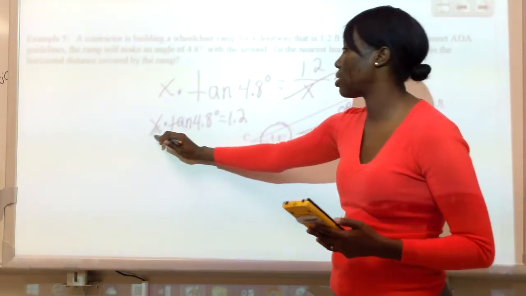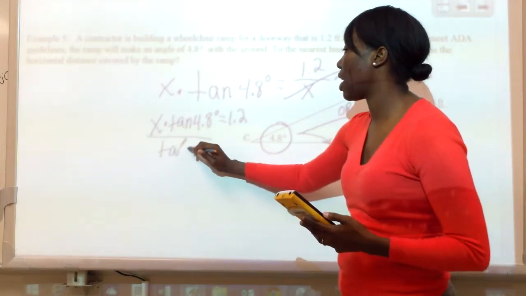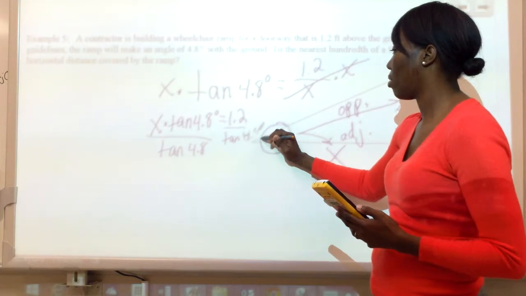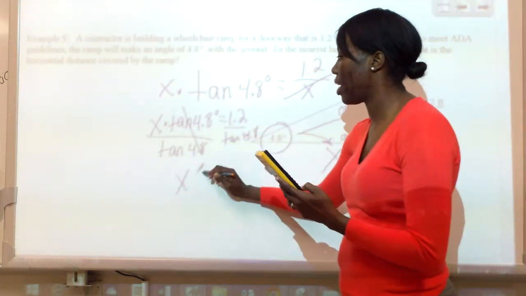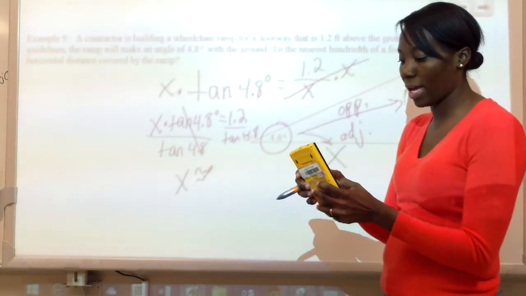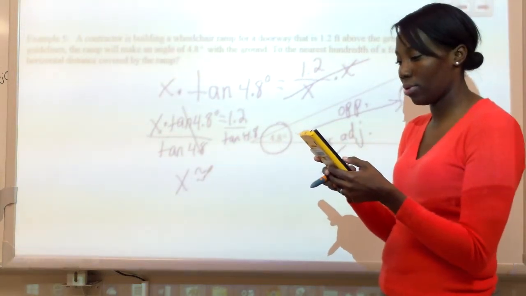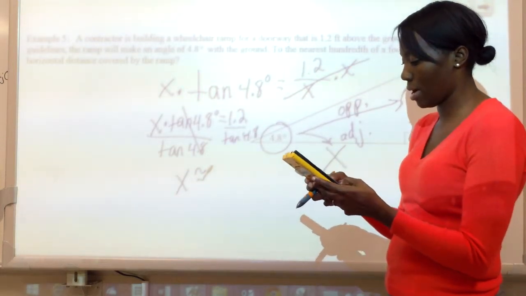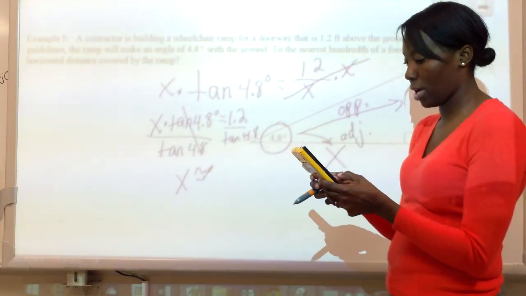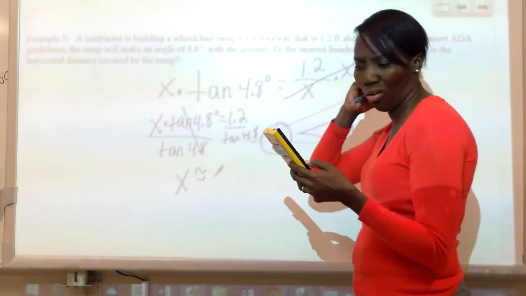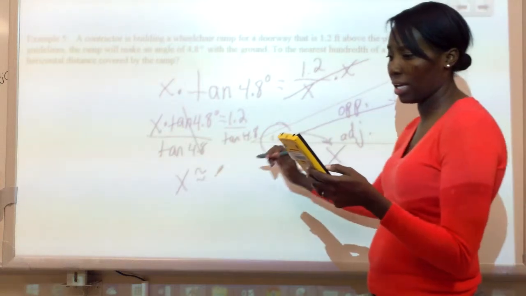Got to get x by itself. So we're going to divide both sides by tan 4.8. That cancels. And so x is equivalent to 1.2 divided by tan 4.8 degrees. Don't forget the degree symbol. Uh-oh, I messed up. 1.2 divided by tan 4.8. And the answer is negative 0.10.